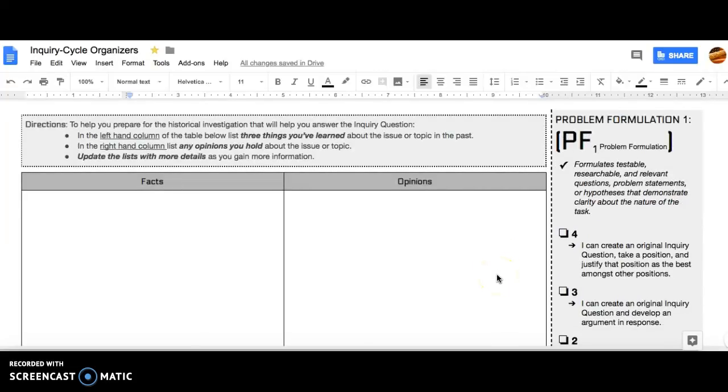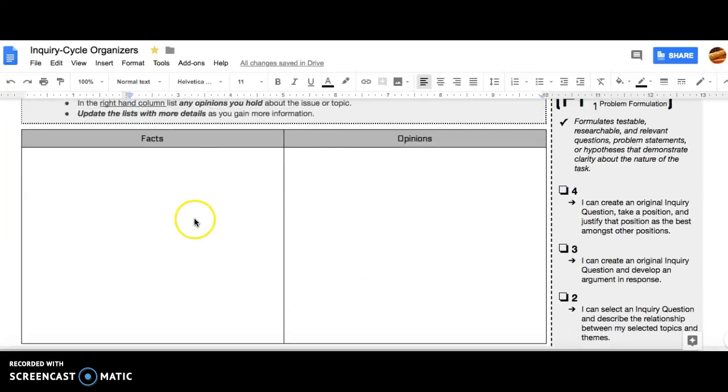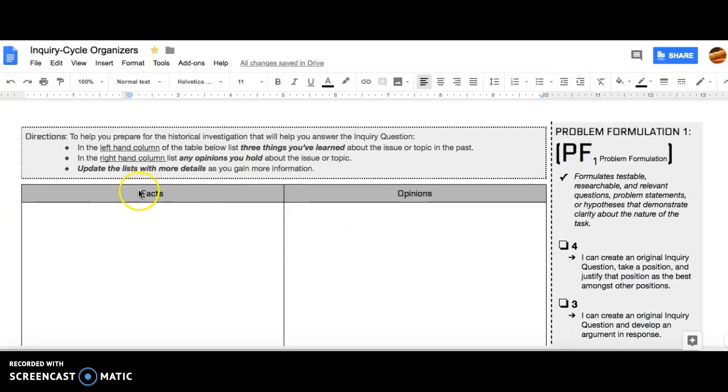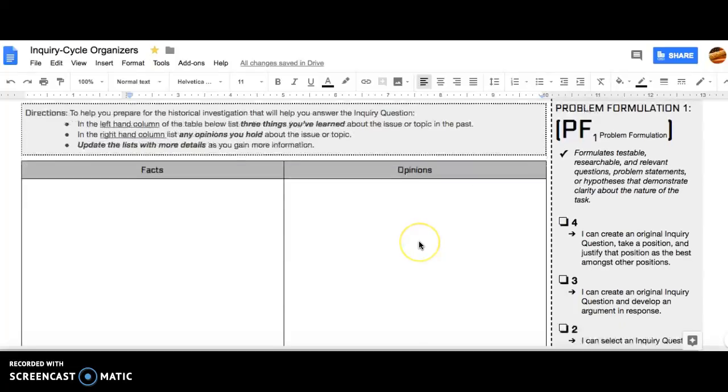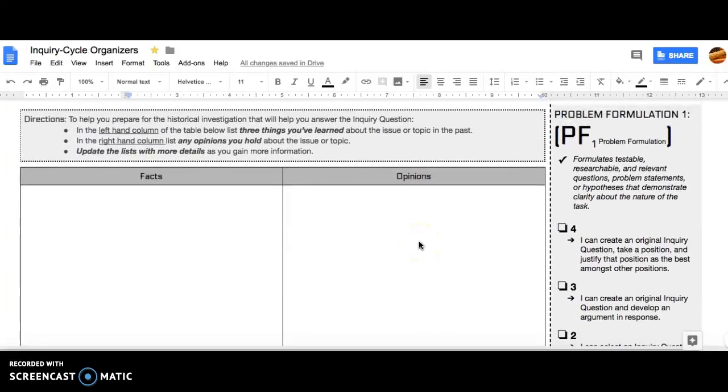The second organizer allows you to think even deeper about the inquiry question. So it's a simple T-chart that has facts in one column and opinions in the other. So for the left column, you are asked to at least list 3 things you've learned about the issue or topic in the past.